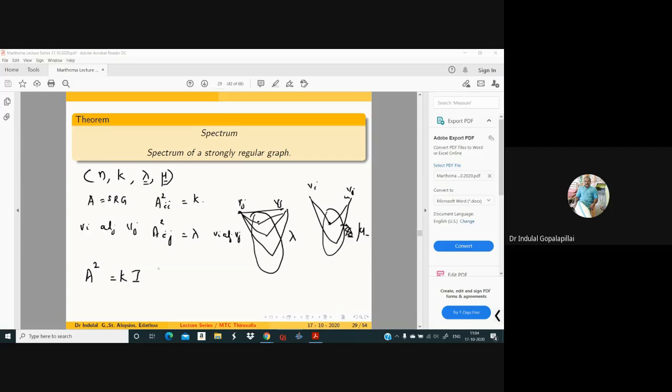If Vi and Vj are adjacent, the corresponding entry is lambda, and the corresponding entry in A is 1, so this is lambda A. If Vi and Vj are not adjacent, then the corresponding entry in A is 0, and the adjacency matrix of the complement is J minus I minus A. So the adjacency matrix of the strongly regular graph satisfies this condition: A square is equal to kI plus lambda A plus mu into J minus I minus A. Then a technique we used in the case of the Petersen graph can be applied here also to find the eigenvalues of the strongly regular graph.